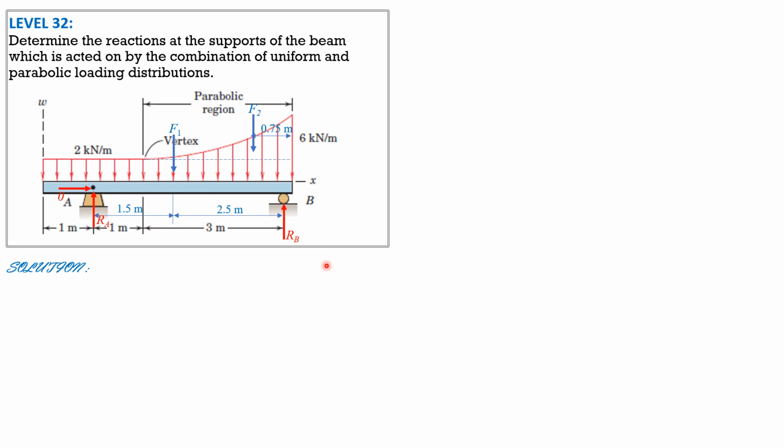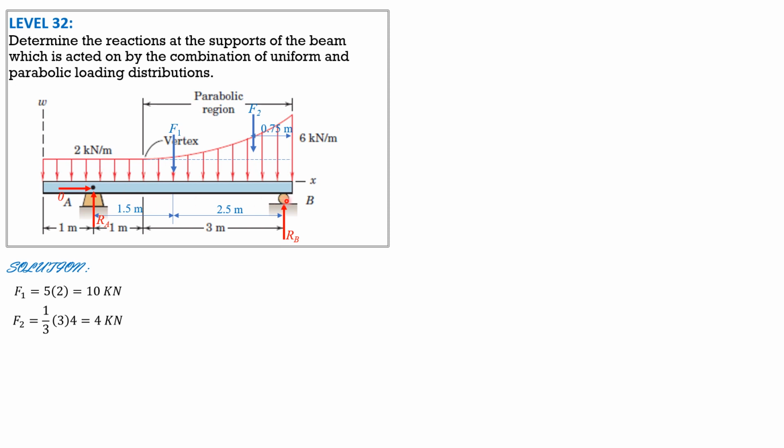Then at B, R sub B. So F1 is 5 meters times 2 kilonewton per meter, so 10 kilonewtons. F2 is 1/3 of 3 times 4, where 4 is 6 minus 2. So 1/3 of 3 times 4 is 4 kilonewtons.